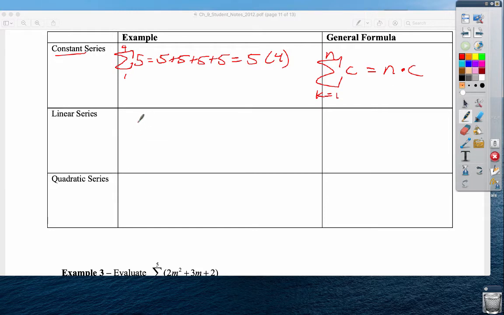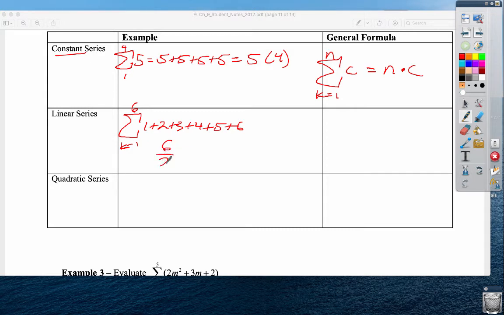And then let's say a linear one, which means to the power of 1. If I go from k equals 1 to k equals 6, this is 1 plus 2 plus 3 plus 4 plus 5 plus 6. Well, isn't this just an arithmetic sequence where the number of terms is 6, the first term is 1 and the last term is 6?